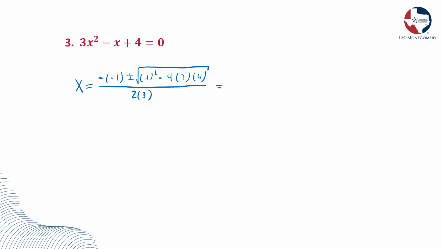So that will give us positive 1 plus or minus. So if we square 1, that's 1. Negative 4 times 3 is negative 12, times 4 is negative 48, over 6.